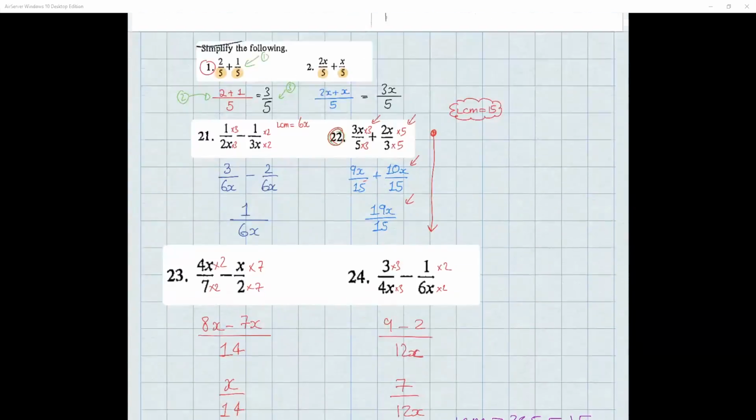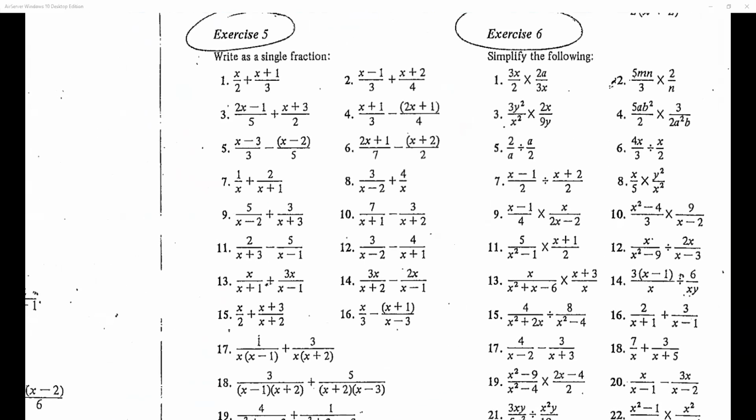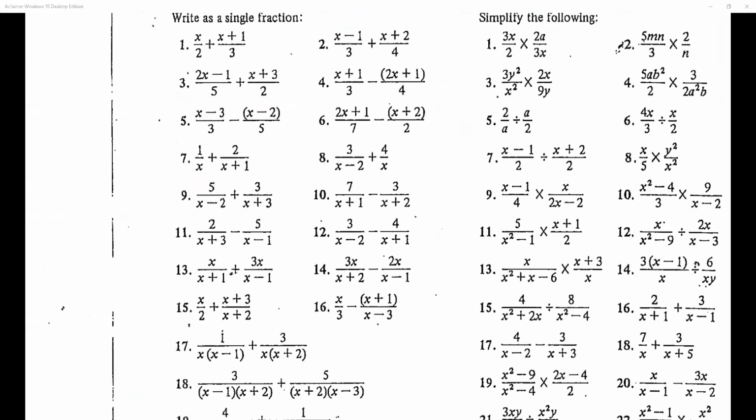Which question did we just do? We've done number 5 and number 15. So I need to pick some questions now for my students to do. Let's do number 7. Number 7 is similar to that. Let's do number 7 and number 9.